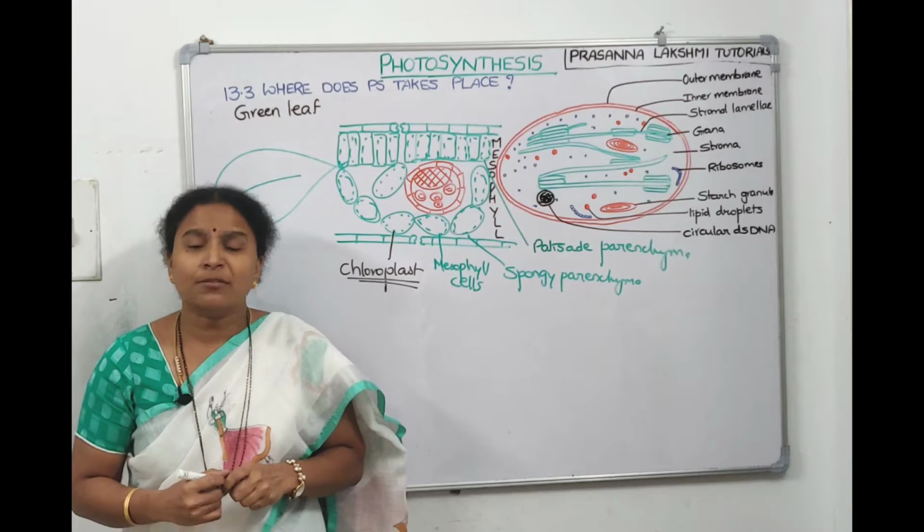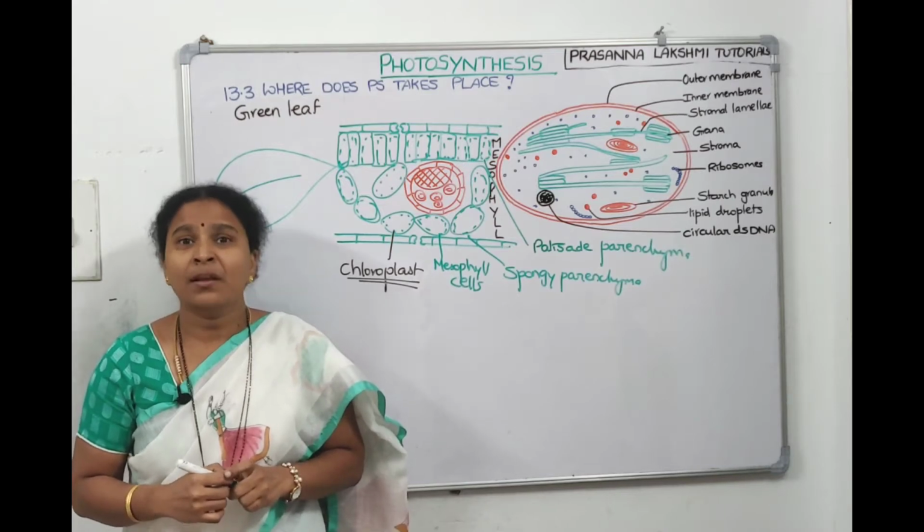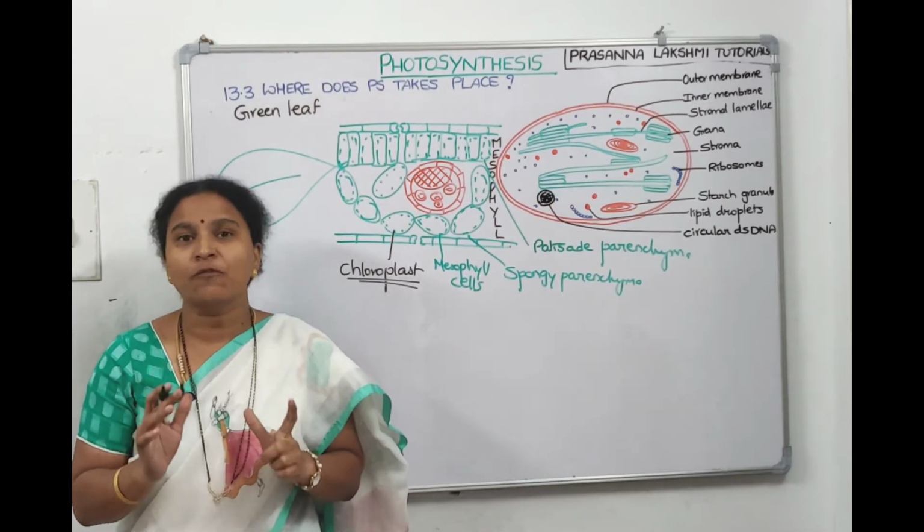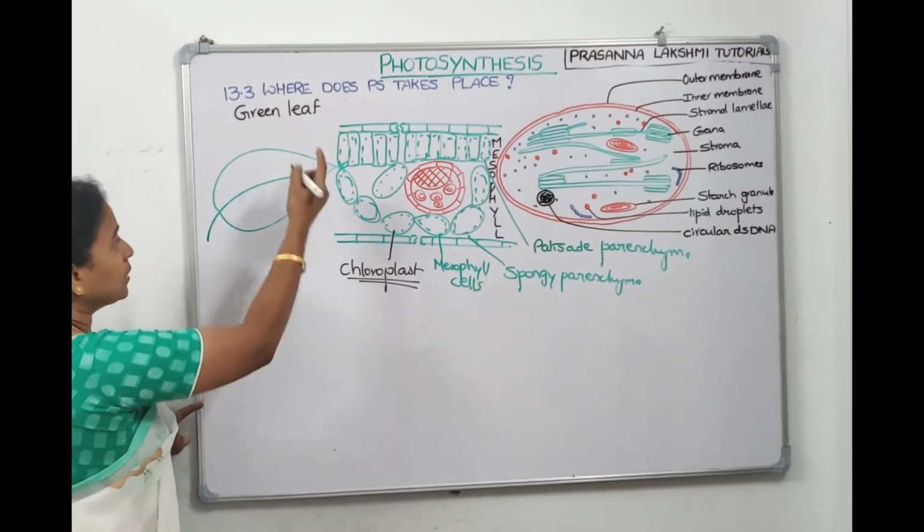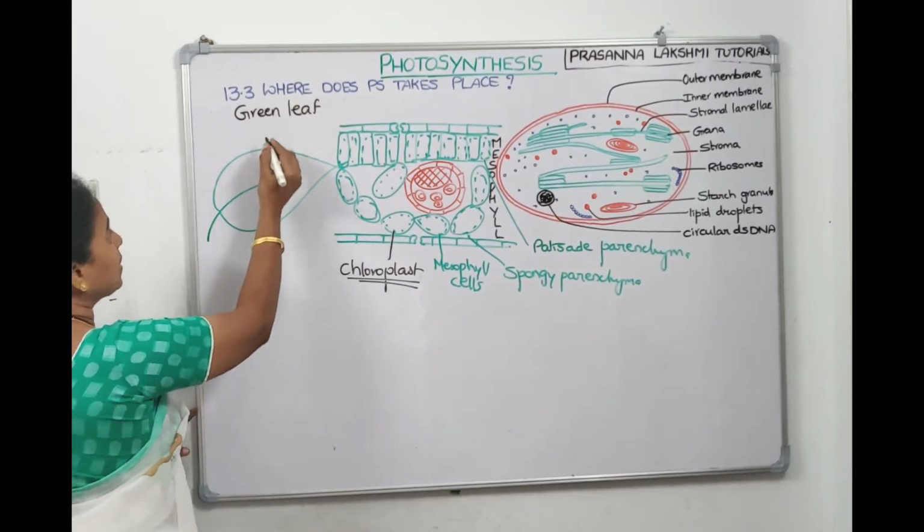Now what are chloroplasts? Chloroplasts are green plastids which function as the sites of photosynthesis. Our answer for this question is it takes place in the green leaf.